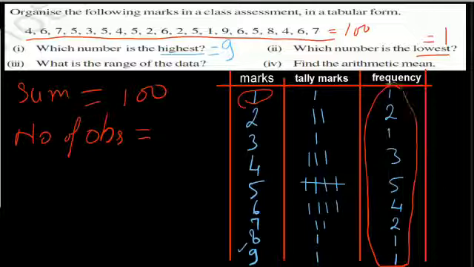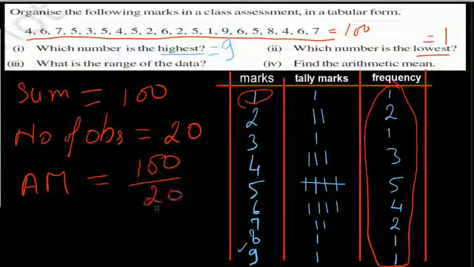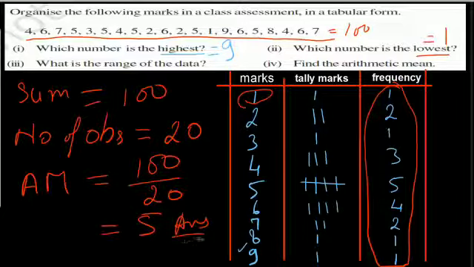You have to add these frequencies. So the number of observations is equal to 20. So what is the arithmetic mean? Arithmetic mean is equal to 100 upon 20, that is equal to 5. This is the answer. So here we end our video.